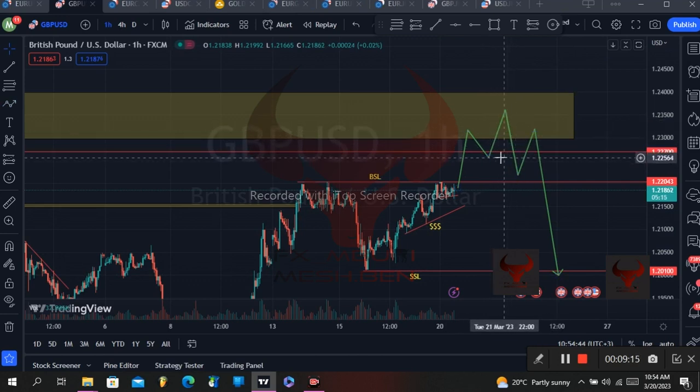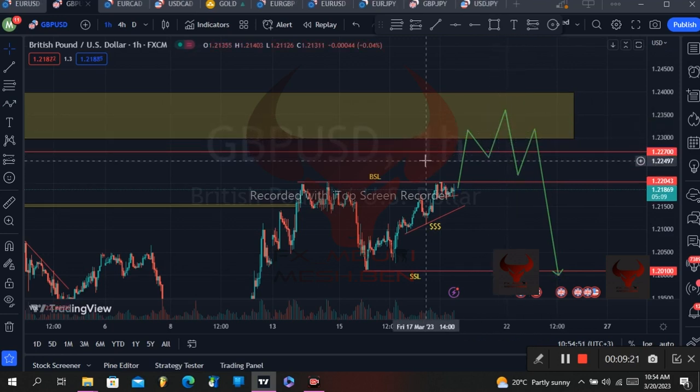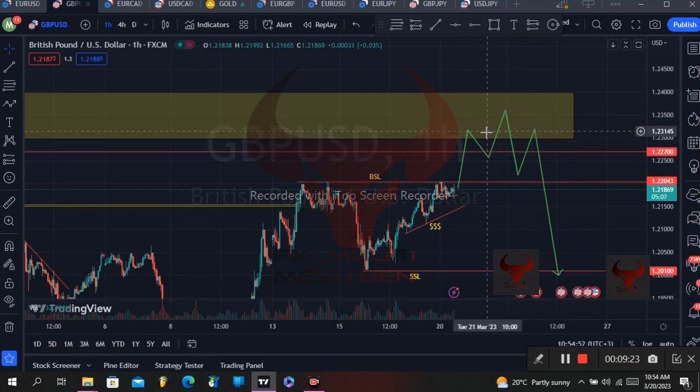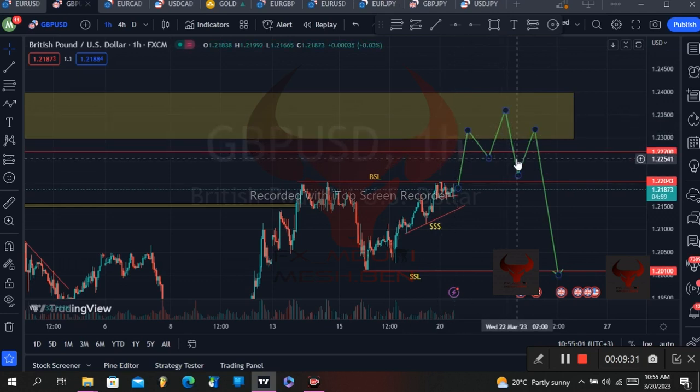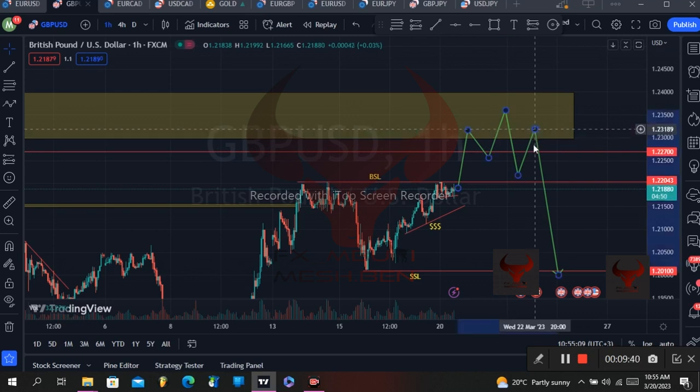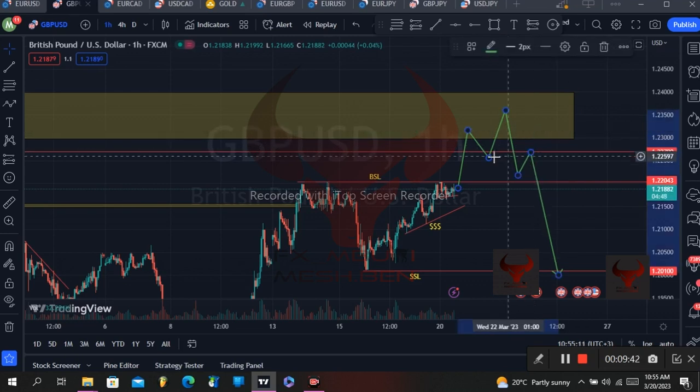It will change the character right here and then into an FVG. So this will be the pattern of ICT, which states that this is a classic breaker block. It will appear like this right here. This will be a breaker block.